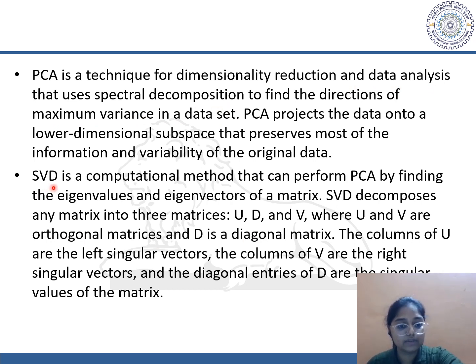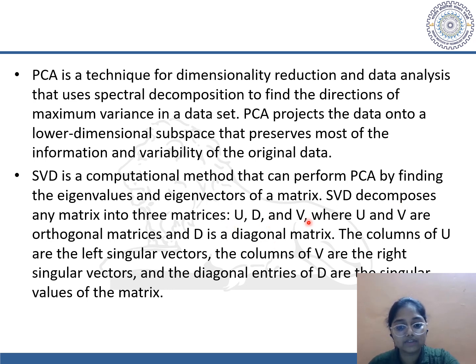When coming to SVD, it is a computational method that can perform PCA by finding the eigenvalues and eigenvectors. SVD also decomposes any matrix into three matrices. SVD can be applied to rectangular matrices, not only square matrices, which limited spectral decomposition.